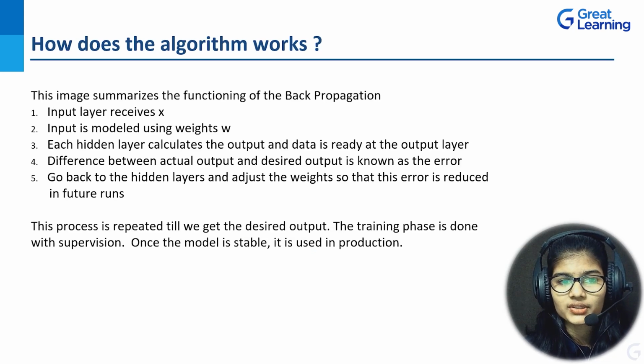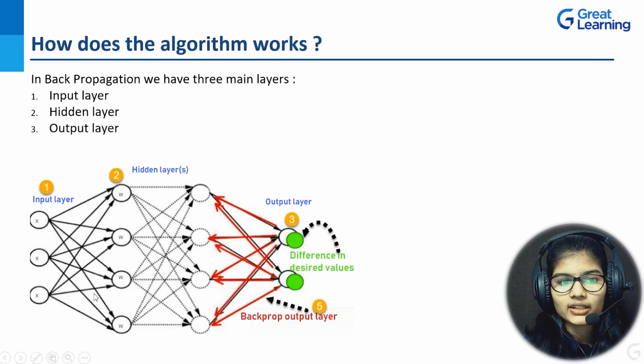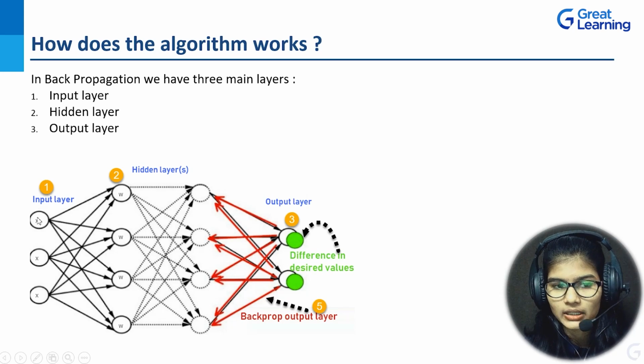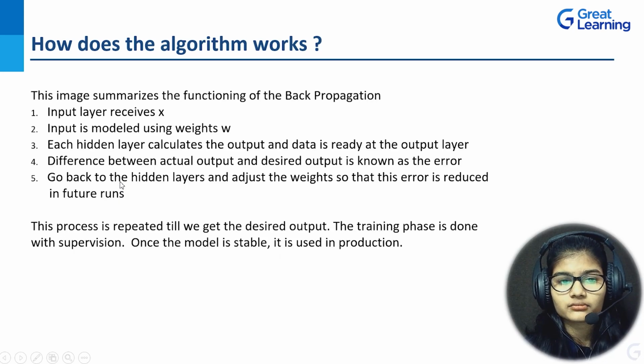So how do these work? The input layer receives the X. After that, the input is modeled with the weight, that is the W, which goes to the hidden layer. Each hidden layer calculates the output, and the data is ready at the output layer.